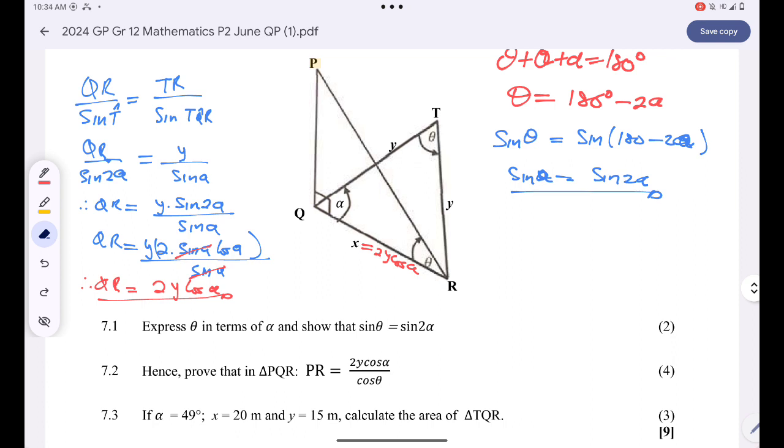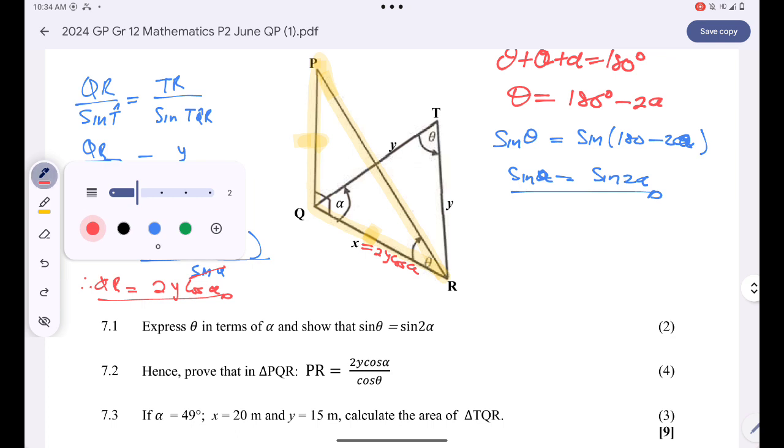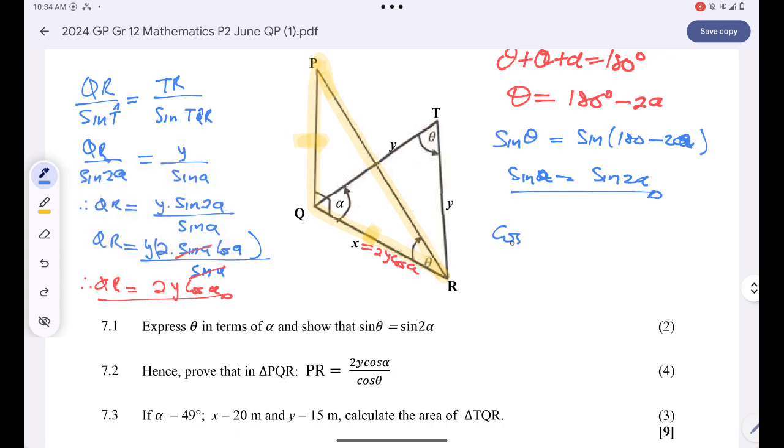But for us to find the PR, we must focus on this right-angled triangle which is given to us. The cos of angle theta is basically adjacent over hypotenuse.